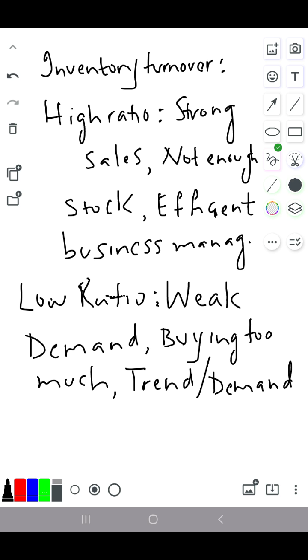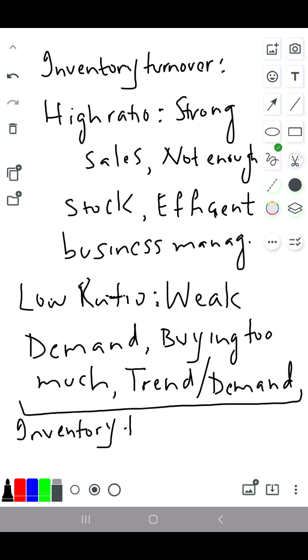So again, inventory turnover has to do with purchasing, pricing, and more.